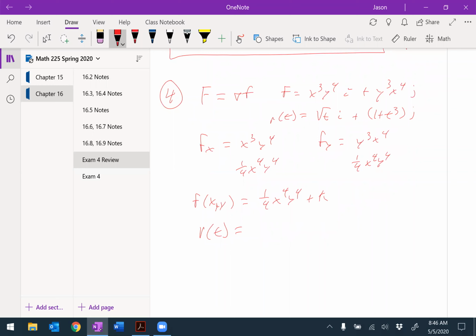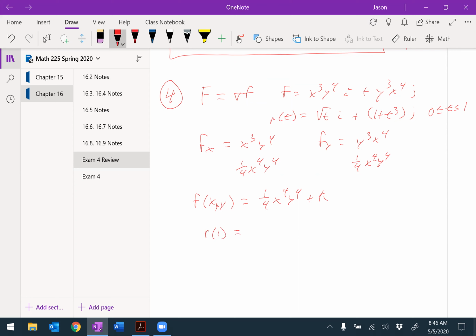So r of t, again, is equal to this thing up top, so I'm not going to rewrite it again. But what does t go from? I need my limits of what t is. t goes from 0 to 1, right? So I'd really like to find out, well, what's r of 1 equal to?